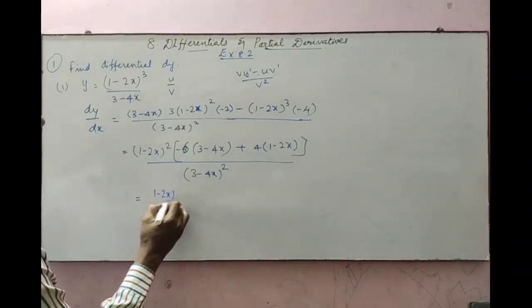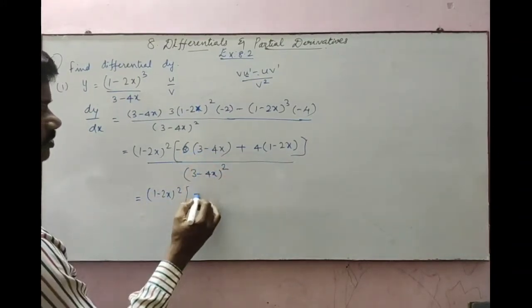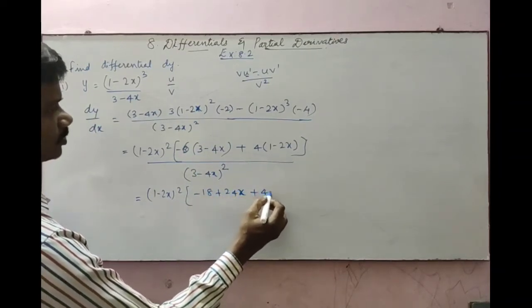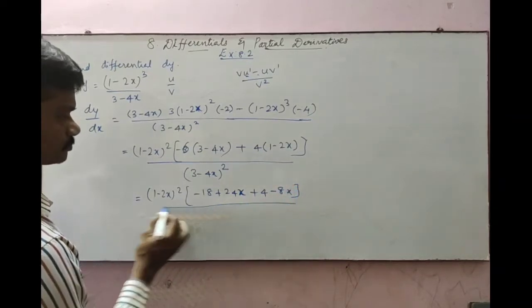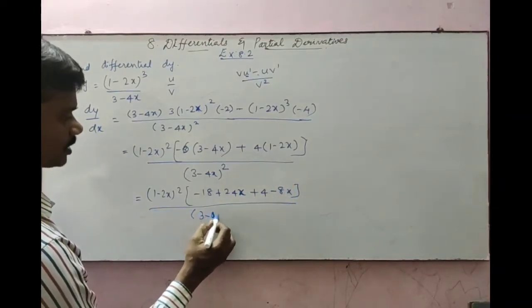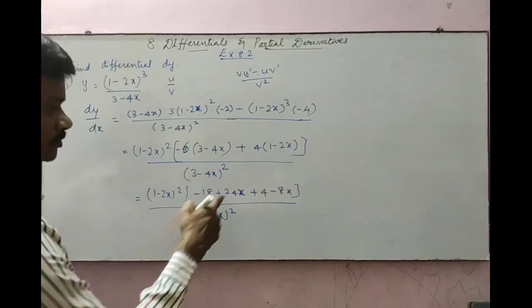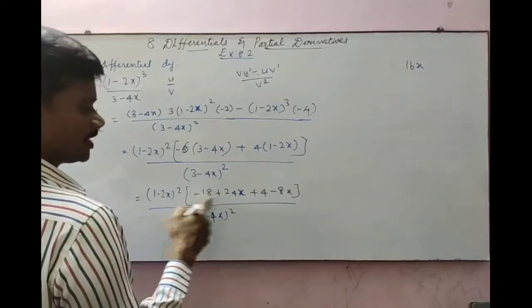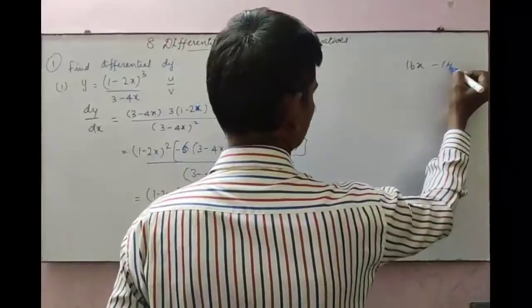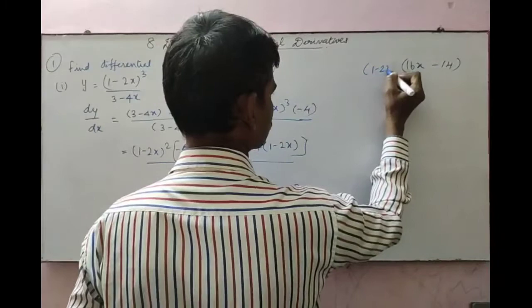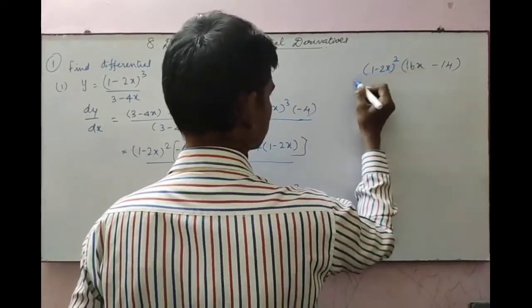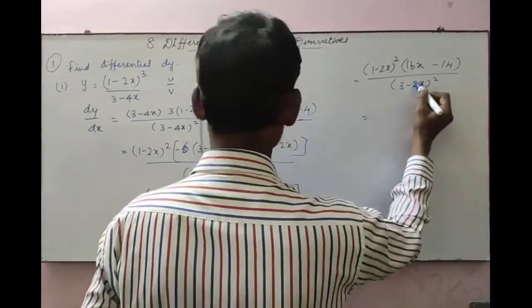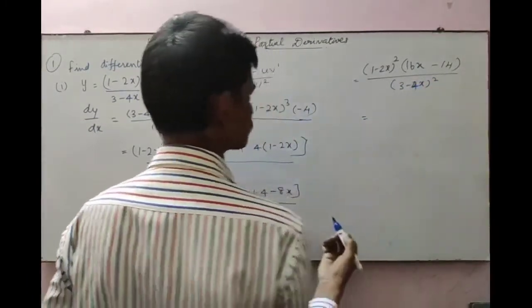So (1 minus 2x) whole square into, if you multiply this, you will get minus 18 plus 24x plus 4 minus 8x, into (3 minus 4x) whole square. 24x minus 8x gives 16x. Minus 18 plus 4 gives minus 14, into (1 minus 2x) whole square, whole divided by (3 minus 4x) whole square.